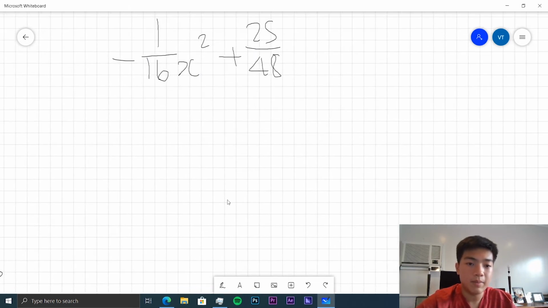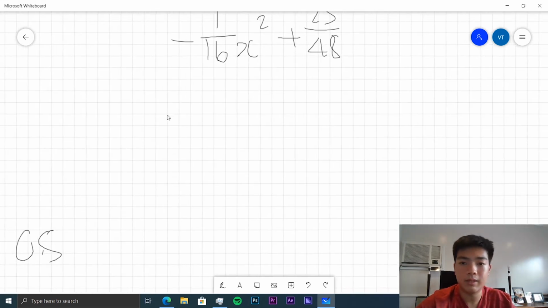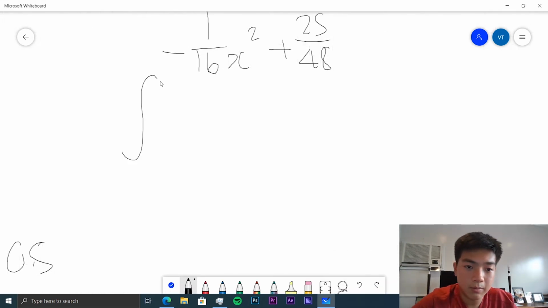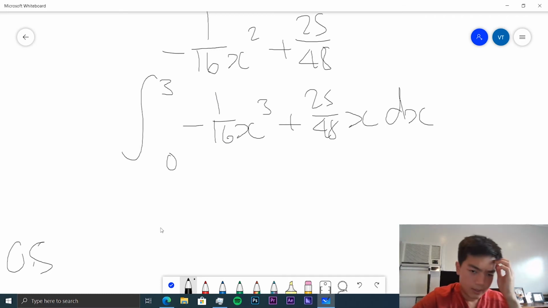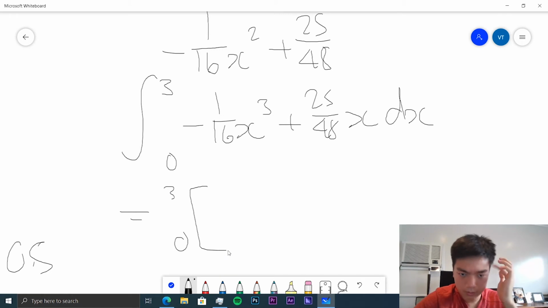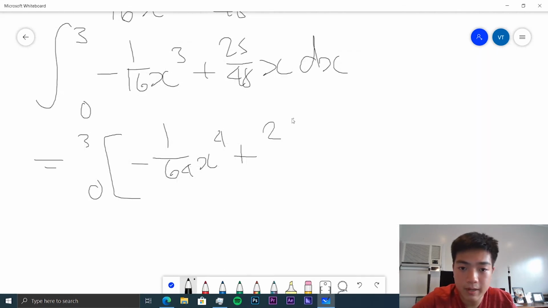So first to find the mean, which is the expectation, and remember this is defined between 0 and 3. We need to get the integral between 3 and 0 of negative 1/16 x cubed plus 25/48 x dx, which is equal to negative 1/64 x to the 4 plus 25/96 x squared.